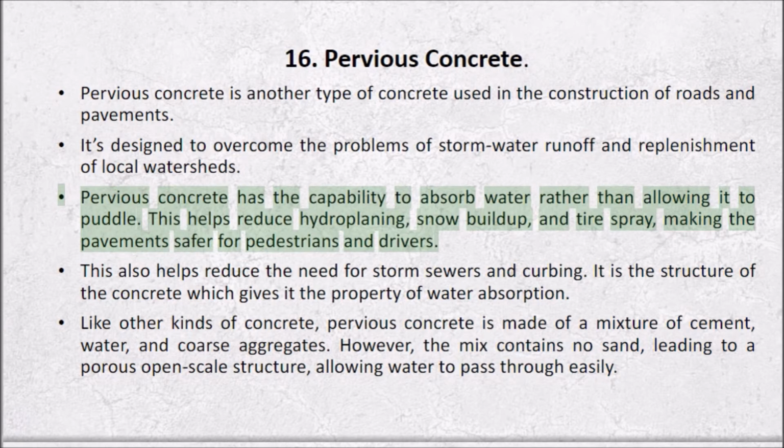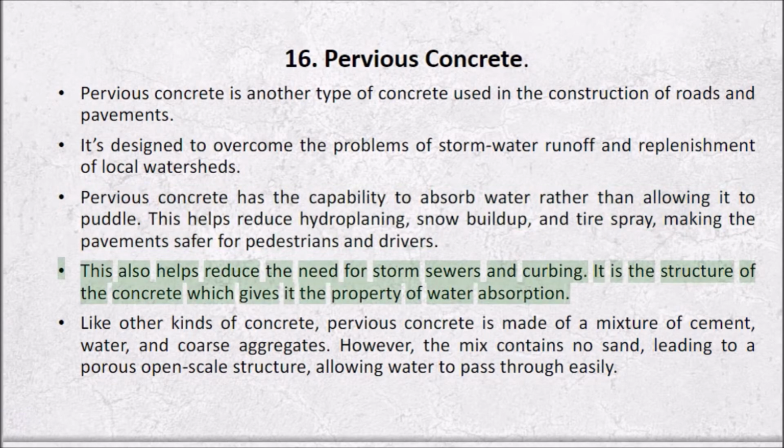This helps reduce hydroplaning, snow buildup, and tire spray, making the pavements safer for pedestrians and drivers. This also helps reduce the need for storm sewers and curbing. It is the structure of the concrete which gives it the property of water absorption.